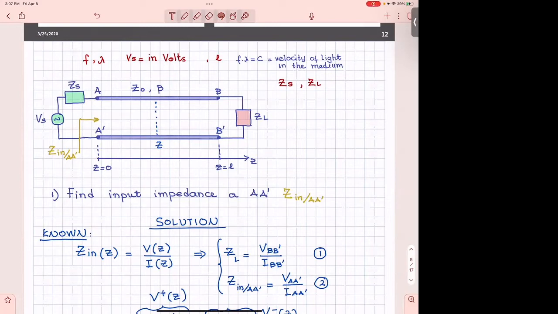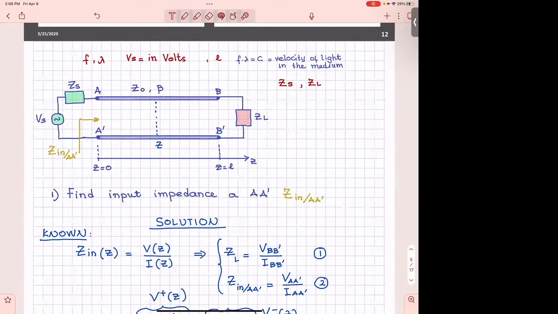You've heard those from circuits: a source always has something. Then f and lambda. I will give you one or the other, not both. Why? Because if you know one, it gives you the other. If I give you both and they don't satisfy this equation, then there is something wrong. So I'll give you one or the other, or if I give you both for some reason, I will make sure this is satisfied.